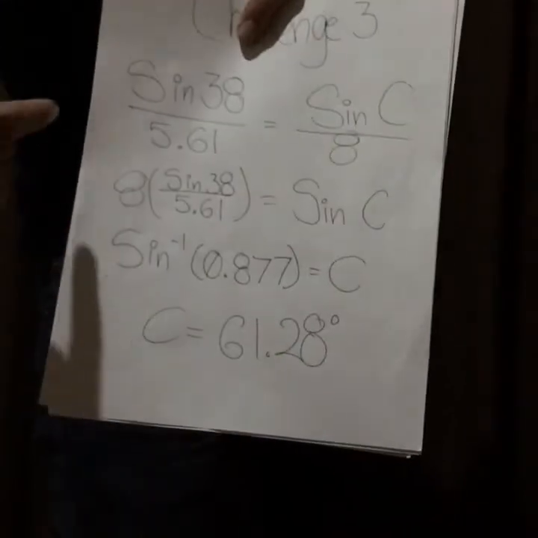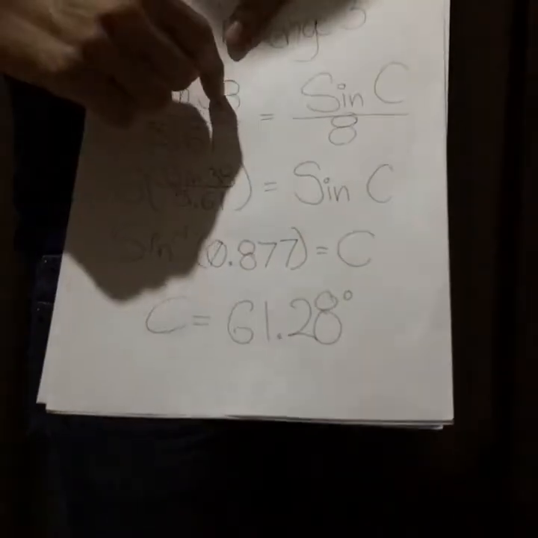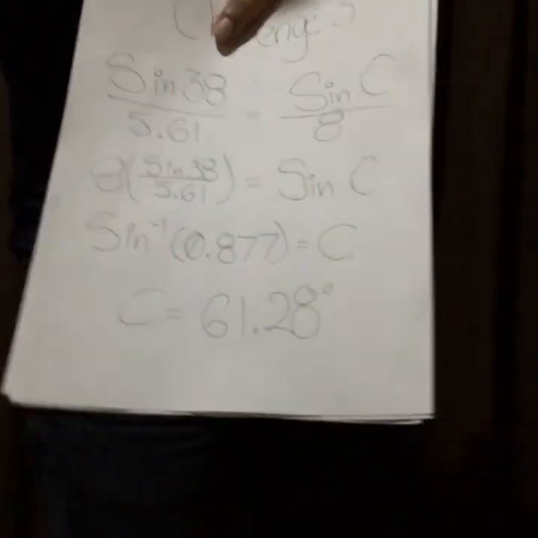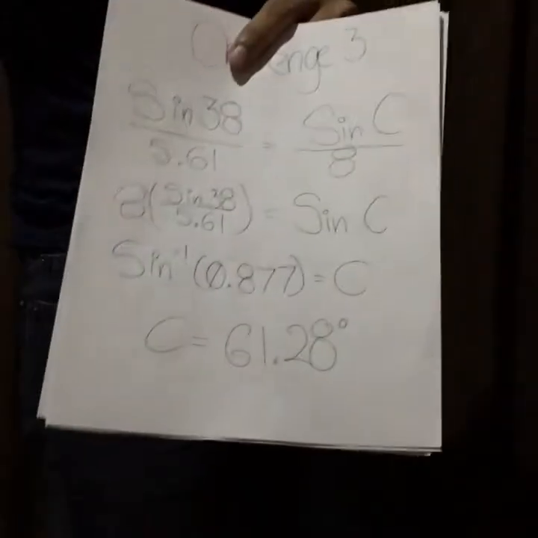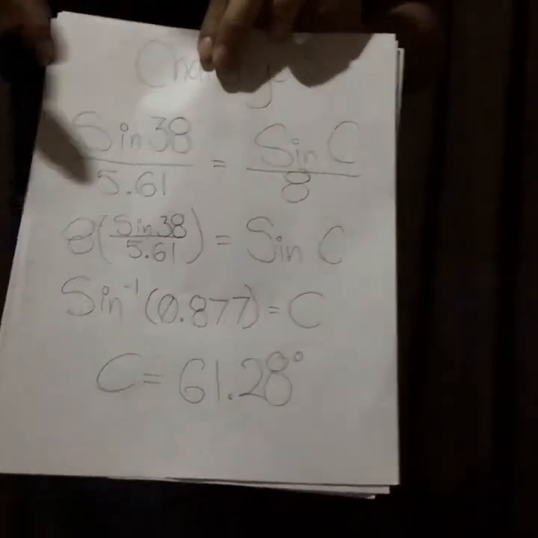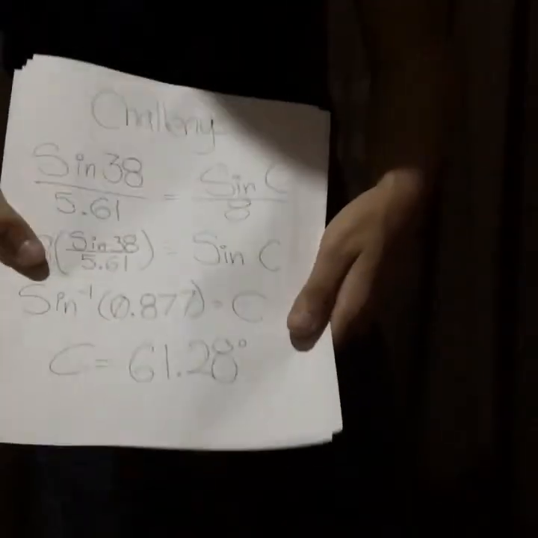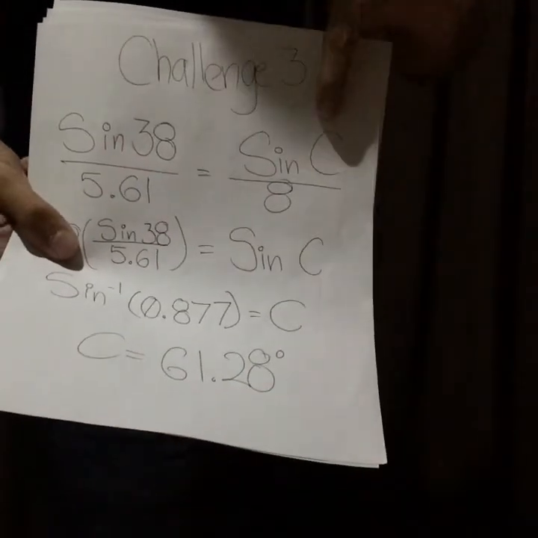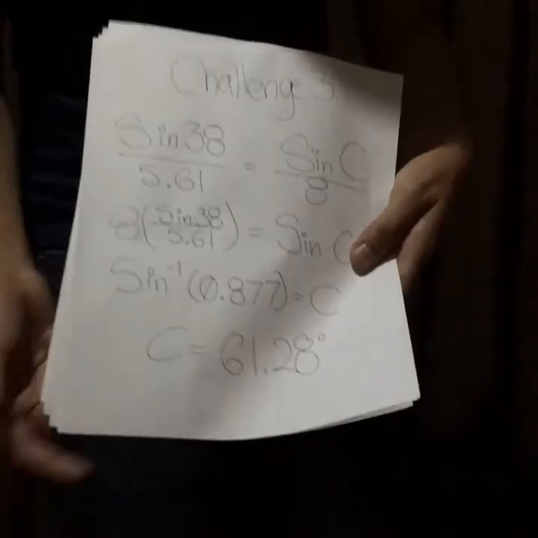The formula is sine of A over A is equal to sine of C over C, which is also equal to sine of B over B. So we will use A and C to get the value of the angle C. So sin of 38 over 5.61, the value we got some seconds ago, is equal to the sin of C, the angle we don't know, over 8, the value of the measure C.